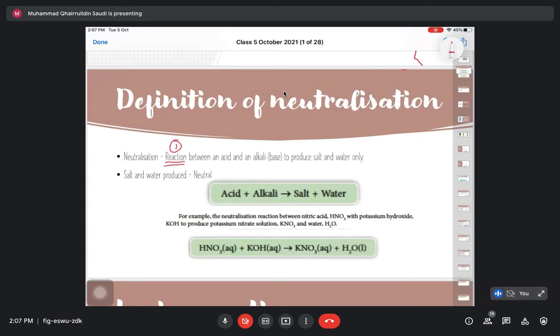So it is a reaction between an acid and an alkali. And the alkali can also be a base. Base is usually in solid form. The alkali is a solution, because alkali needs to be dissolved in water.